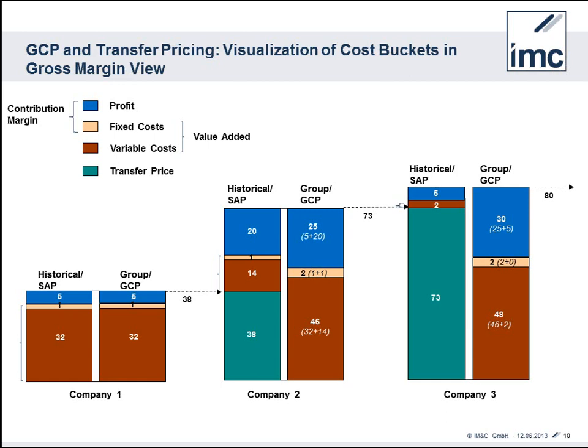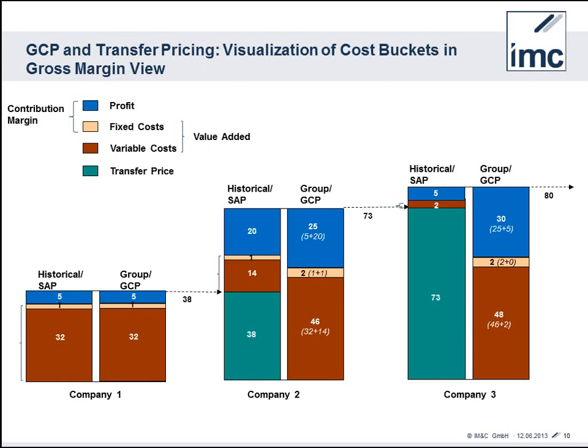So there is always this ability to view the same result from different aspects: historical view, group view, local view, which is useful when it comes to things like UPI or transfer price.